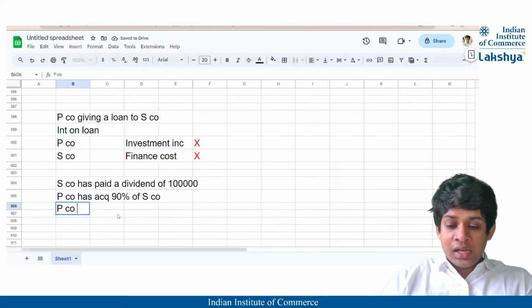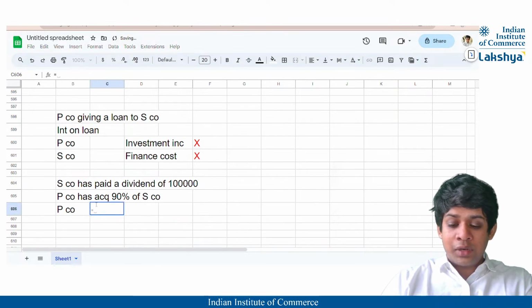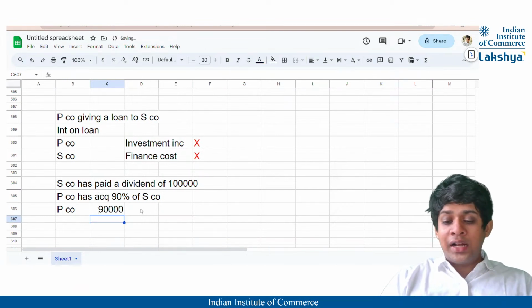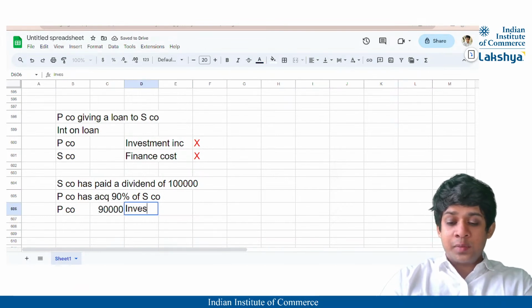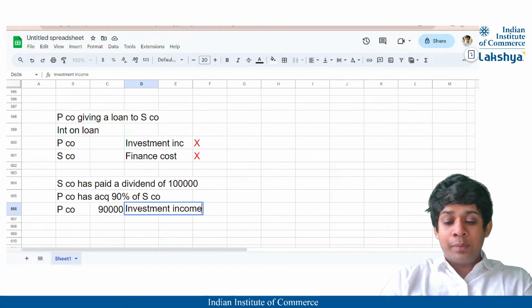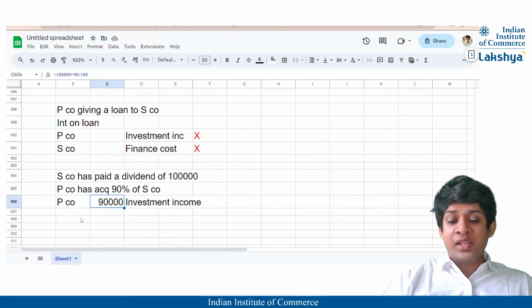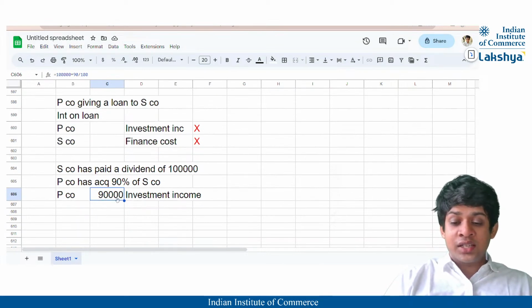P company has received a dividend of 1 lakh into 90%, so 90,000. This will be stated in the investment income of the parent company's individual financial statements, because this is the investment made in the subsidiary company and they are paying a dividend. So it is a form of investment income in the individual financial statements.